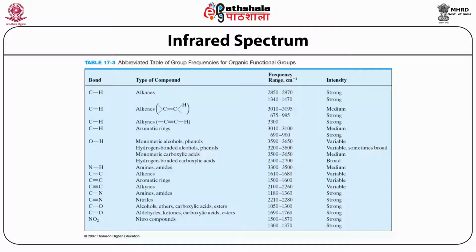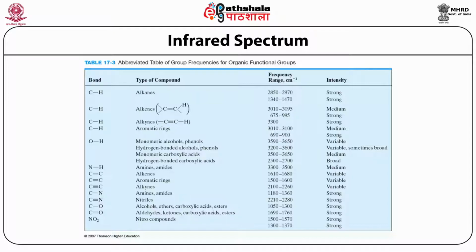And for the nitrile, the carbon-nitrogen triple bond, cyanide group, you get a strong peak at 2210 to 2280. For the CO bond in the alcohol, ether, carboxylic acid and ester, you get a strong peak at 1050 to 1300.